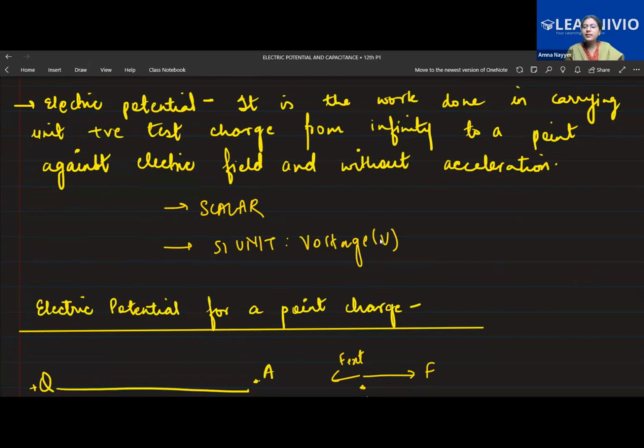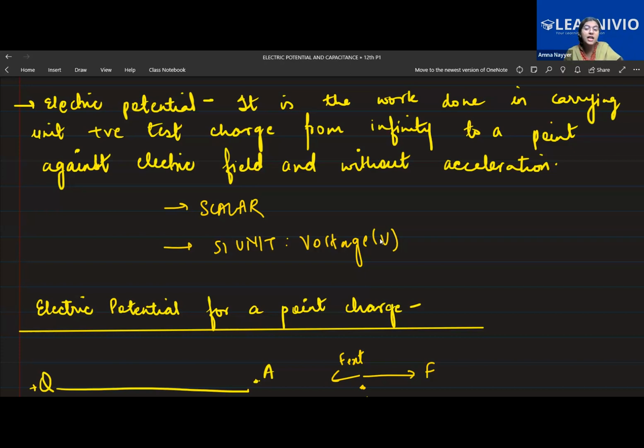So what all things are there? What did we study? Just summarizing it. When you have the electrical properties in scalar form, it is called potential. What is potential difference? When a charge is brought from one point to another point, whatever is the work done against the electrical forces, we call it electric potential difference.